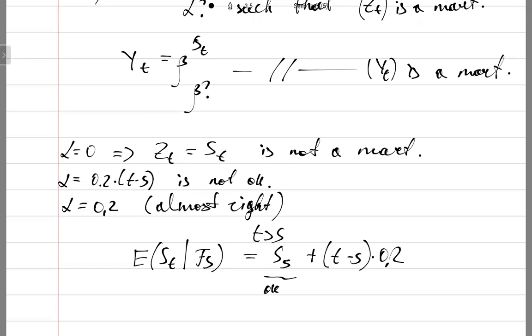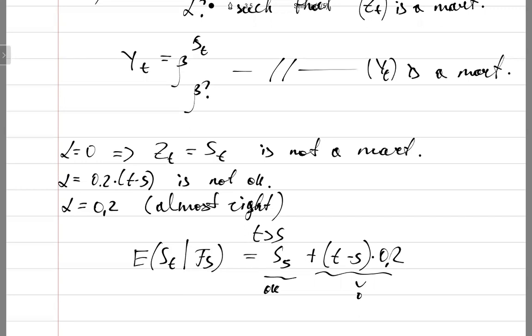What's the interpretation of this fact? The best guess of future value is current value plus some term. This is positive, so to make it a martingale, we need to decrease future values more.